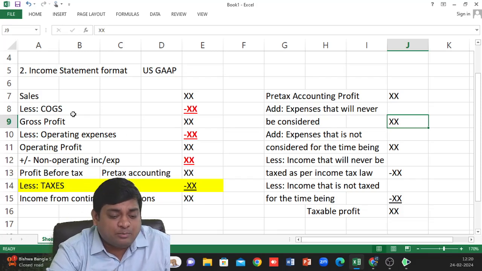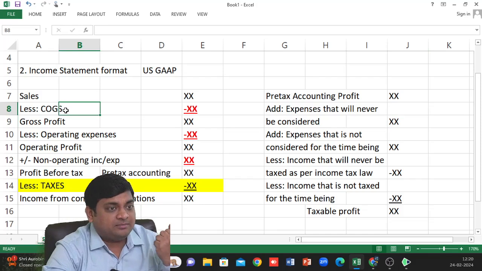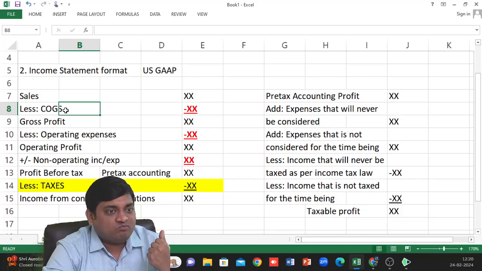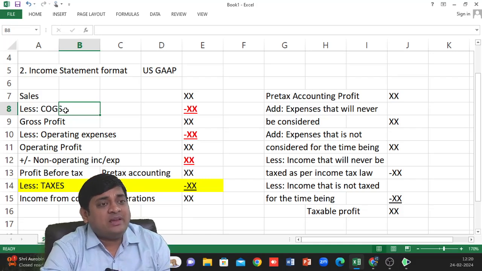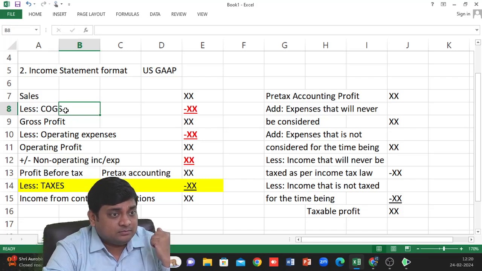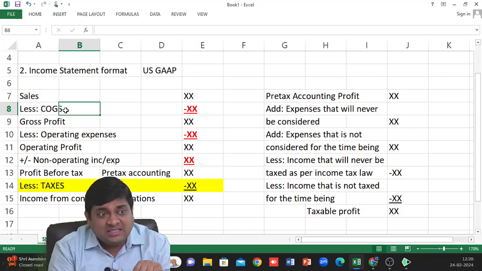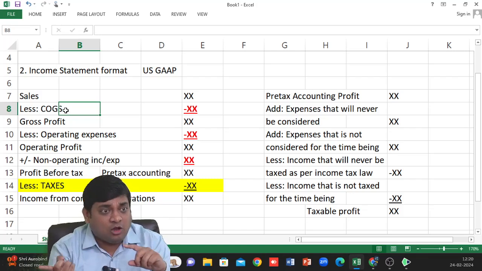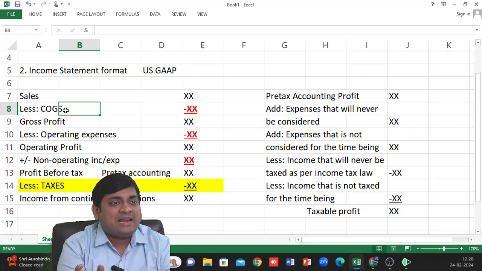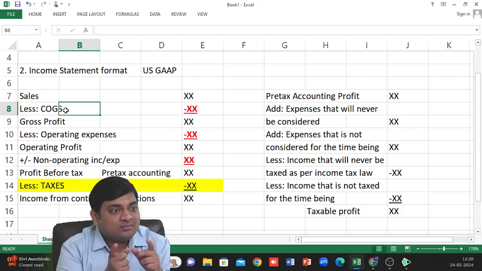Like in COGS, suppose we have depreciation of plant and machinery. In accounts, we are following the SLM method, but income tax law is following an accelerated method, that is the double declining balance method. Depreciation is being considered in both the laws. GAAP is also considering depreciation, and income tax law, the IRS, is also considering depreciation, but the amount is varying. Yes or no?